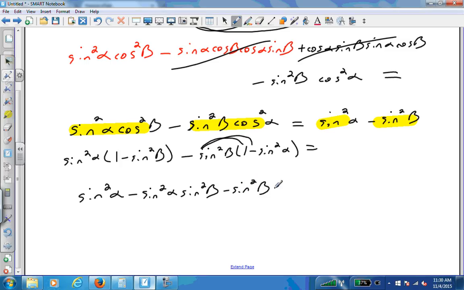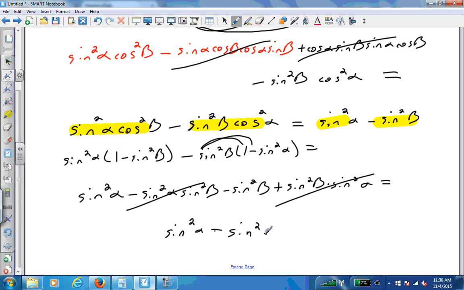Minus times minus is a positive. That's sine squared beta times sine squared alpha. Notice those are the same, so those cancel. And what we're left with is the same as what we have on the other side.